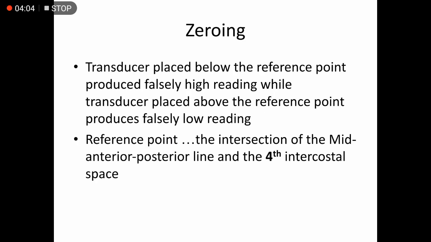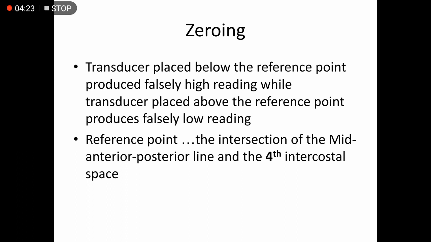Of course, zeroing is a small procedure that should be done for any patient connected to a transducing system, and zeroing means considering the atmospheric pressure equal to 0.